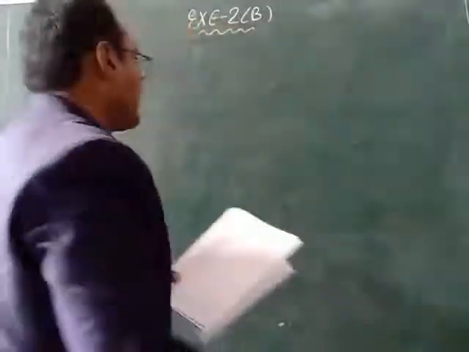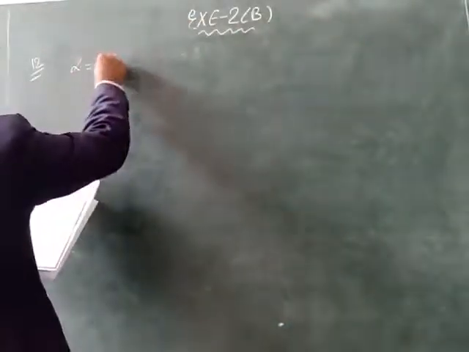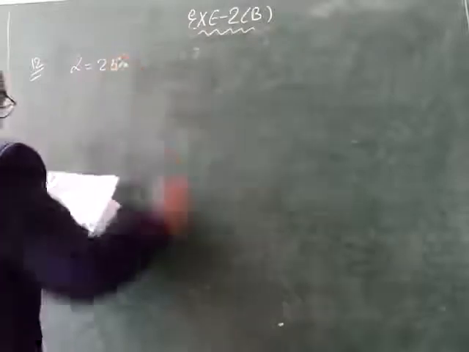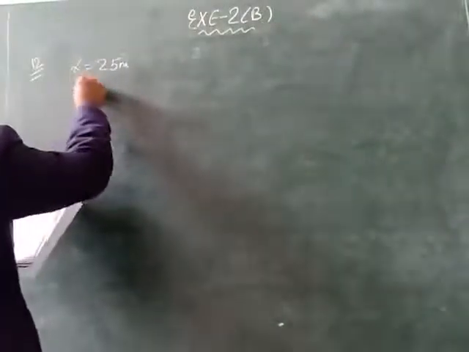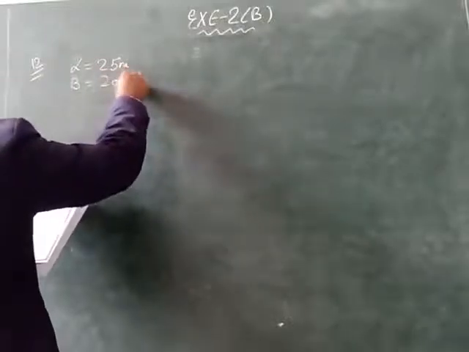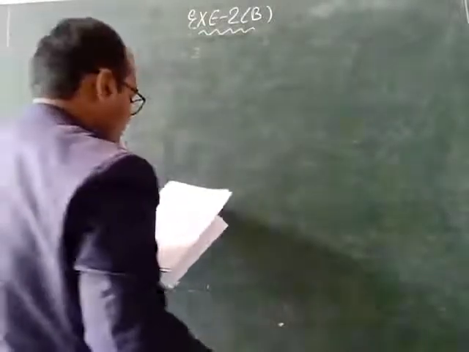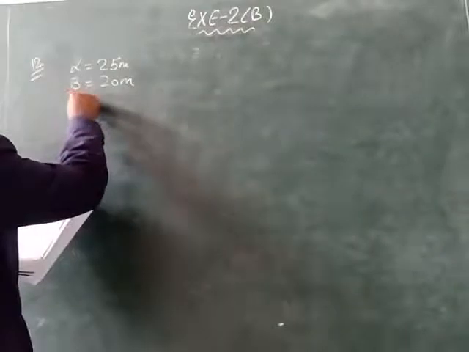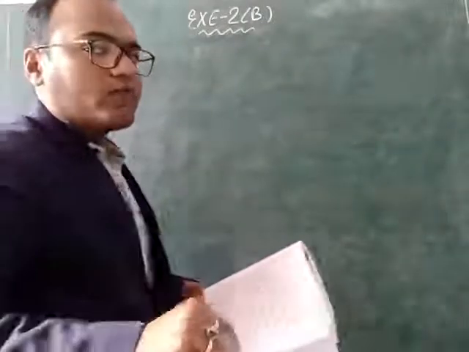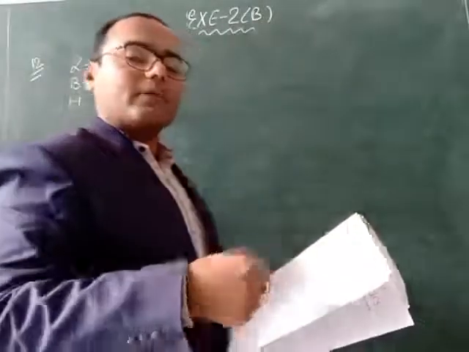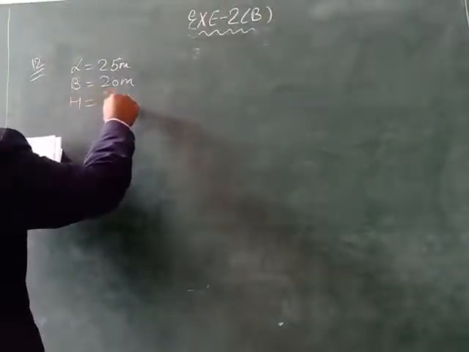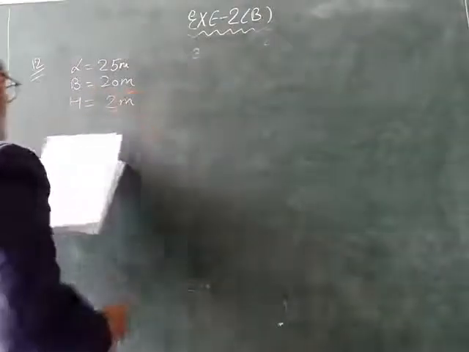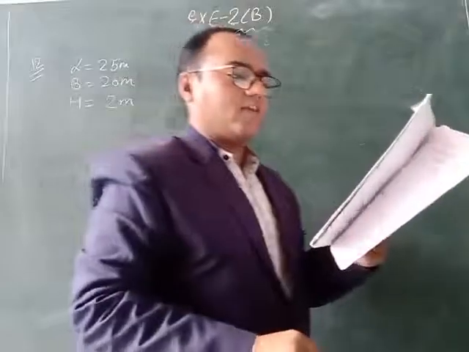So length is given here, 25 meter. 20 meter wide. Wide means breadth, 20 meter. 2 meter deep. Deep means depth, or we can say it is height also. Depth and height both are the same. So height we will take 2 meter. So this is the length, breadth and height of a swimming pool.